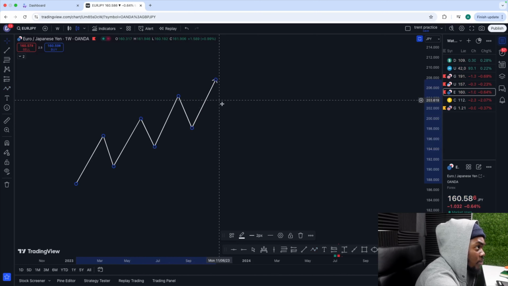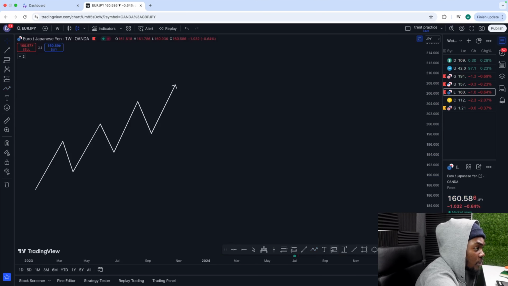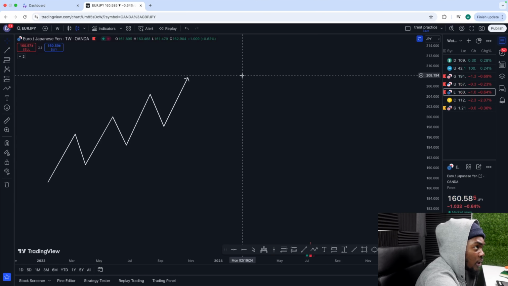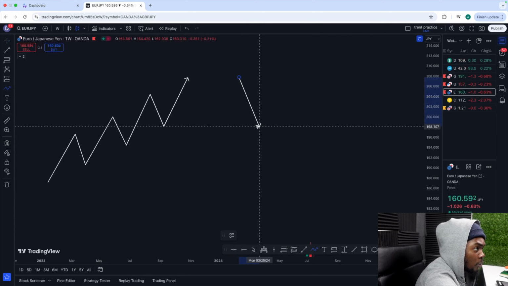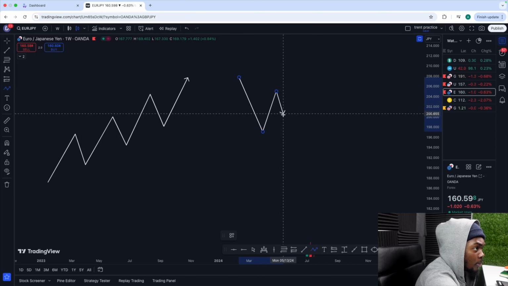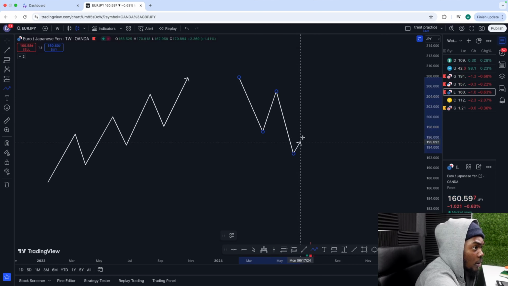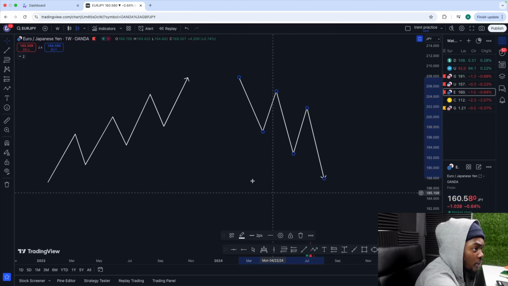This is the uptrend. The downtrend is when the market is making lower lows and lower highs, which will look something like this. Market is dropping, market is pulling back, market is dropping, market is pulling back, market is dropping, right?